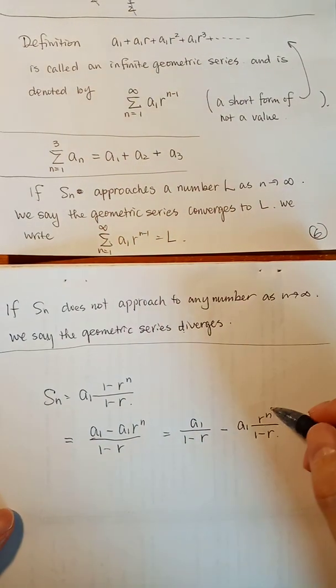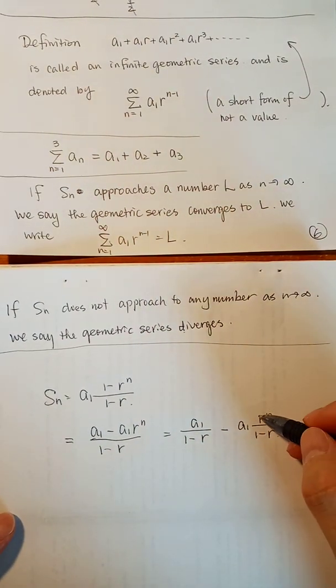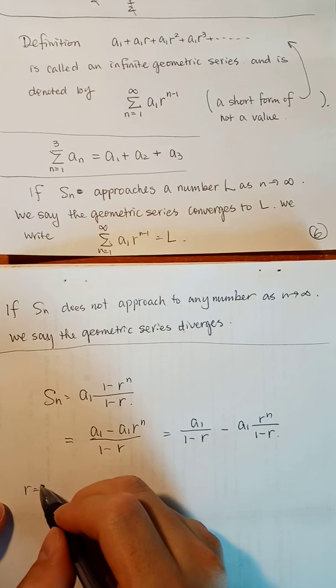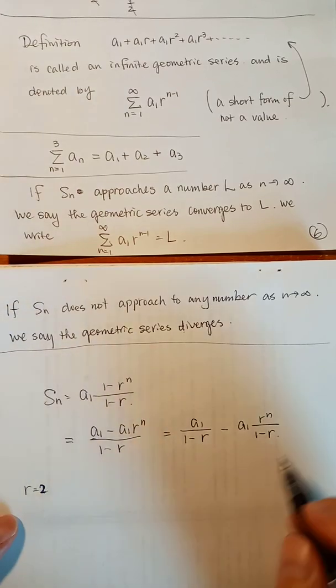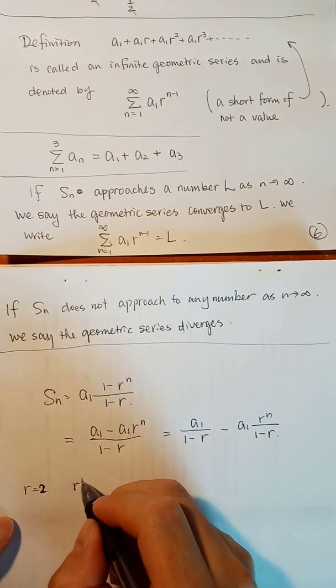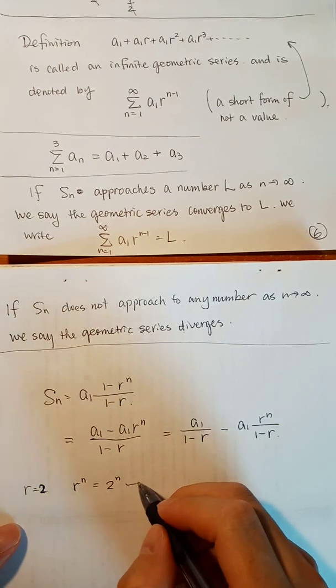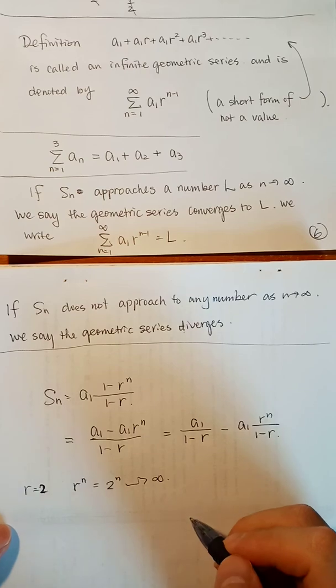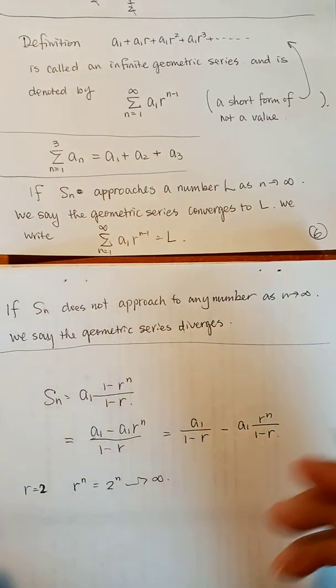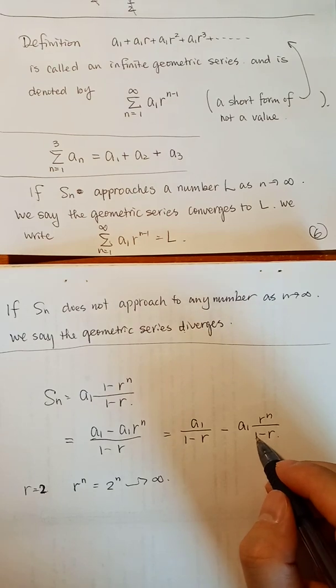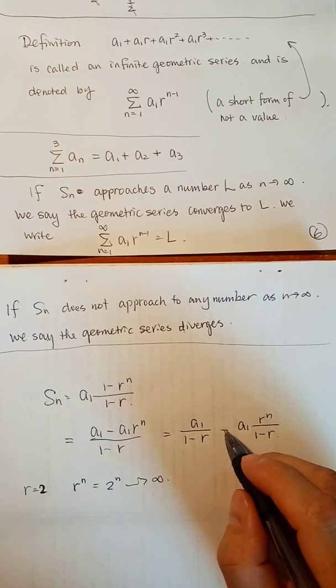Well, let's see the pattern. Assume r is equal to 2. Then r to the n is 2 to the n, which will definitely go to infinity, right? 1 minus 2 is negative 1, so it gives you the plus.